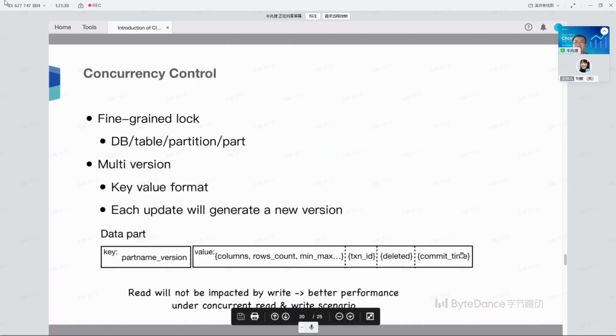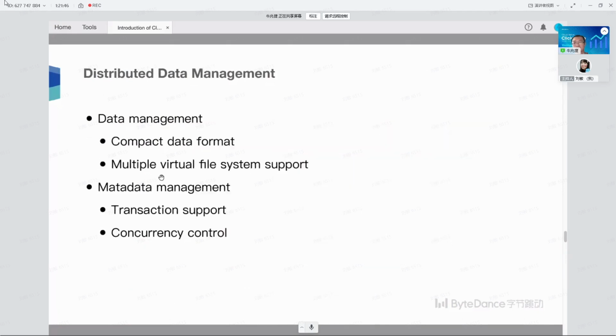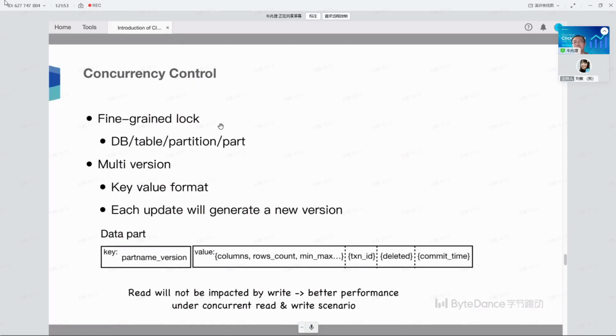So after having ACID support in our system for metadata management, our system can guarantee better data quality. And then let's take a look at concurrency, because the metadata will be updated in parallel. Users may update the same data at the same time, right? So we must have concurrency control to make sure the data is updated correctly.